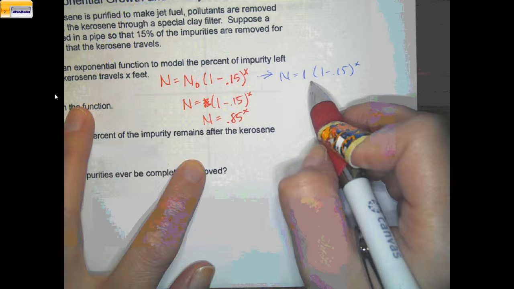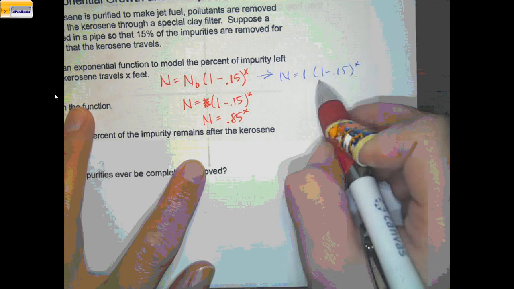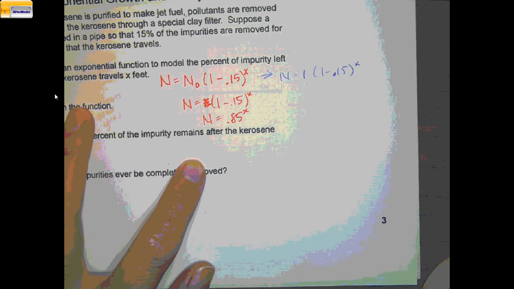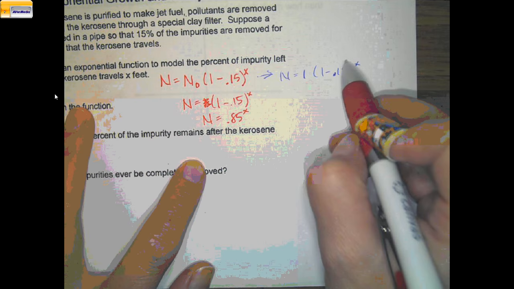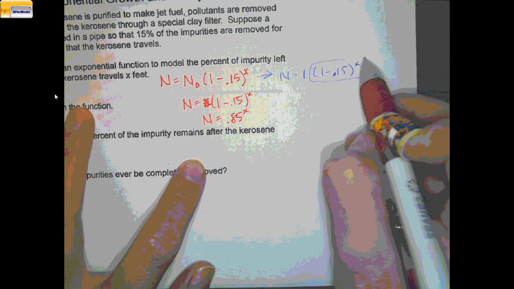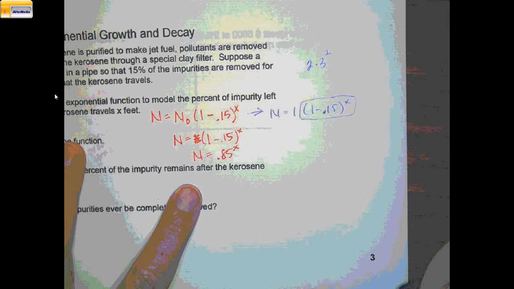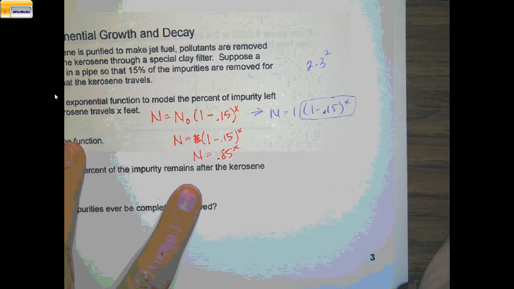Carson, why can't I say 1 times this guy right here? Why is that not okay mathematically? Because these two are attached. If this said 2 times 3 squared, can you call that 6 squared, 36? No!